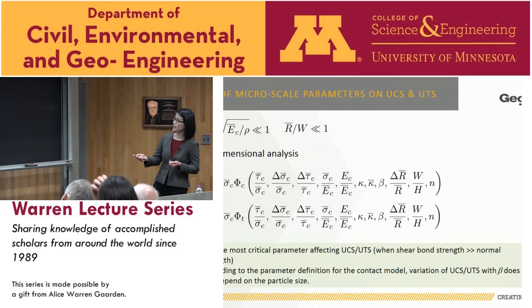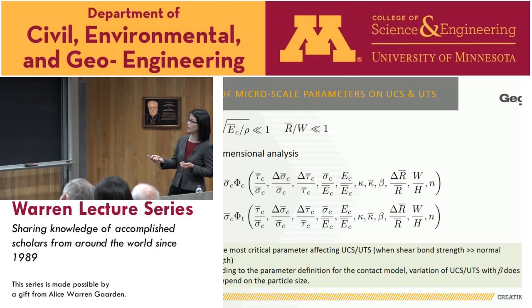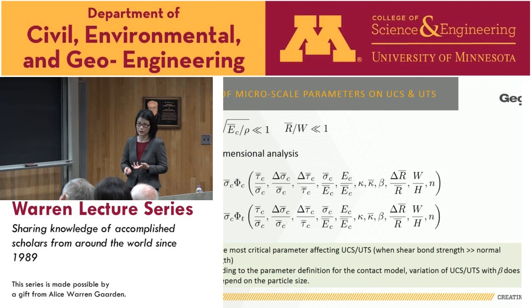So basically, based on dimensional analysis, if you assume quasi-static loading and fine discretization, your strength could be written in such an expression. If we are not talking about stiffness, only strength, this beta and this bond strength ratio are the two primary factors affecting the strength.